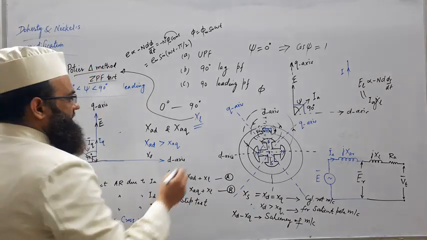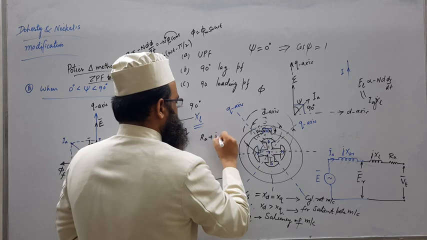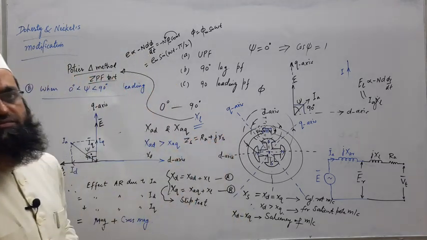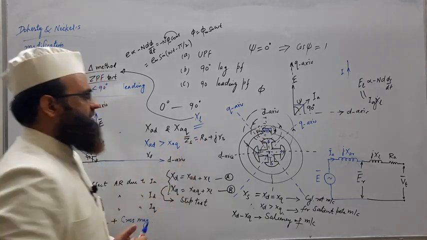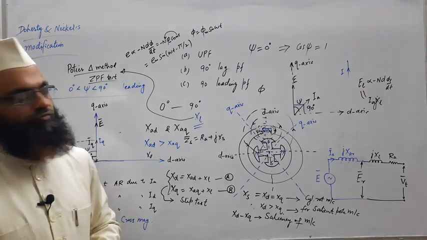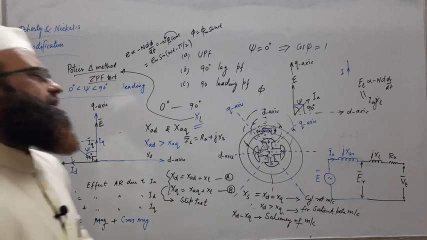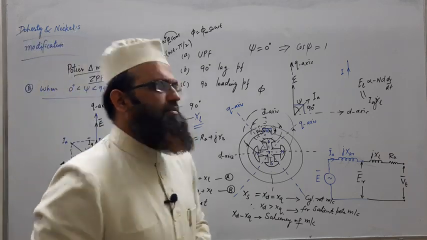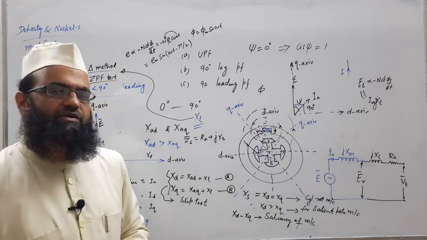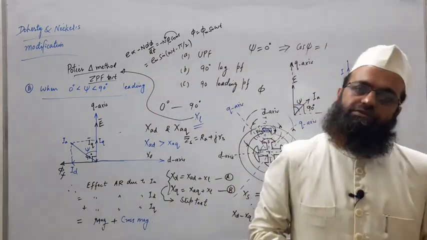This RA, the armature resistance, plus this XS, the synchronous reactance, together is known as synchronous impedance, that is ZS may be represented as RA plus jXS. Fine. These things will be discussed in detail while discussing the phasor diagrams for each type of machine for various power factors in our upcoming lectures. So this is all for today's lecture. Thank you very much.